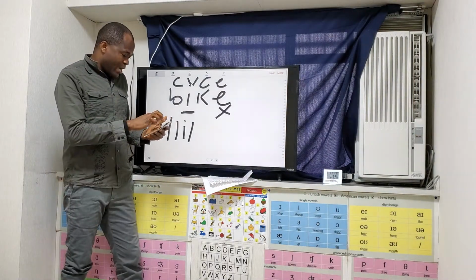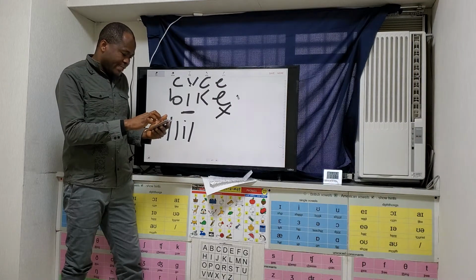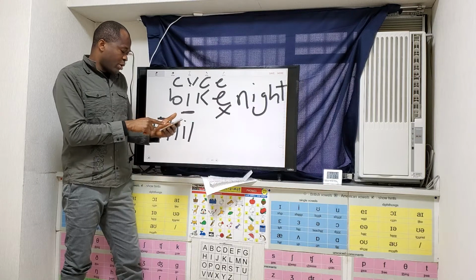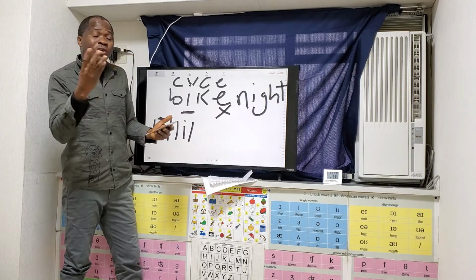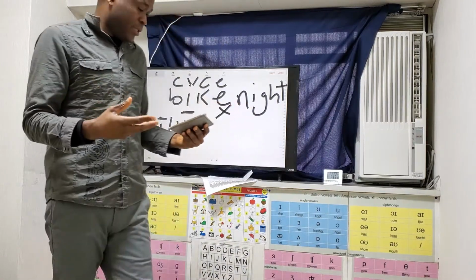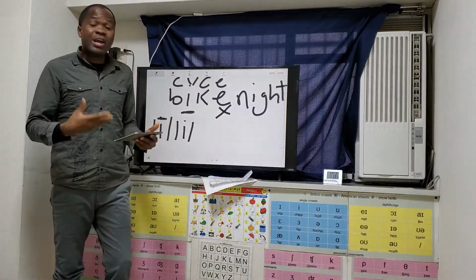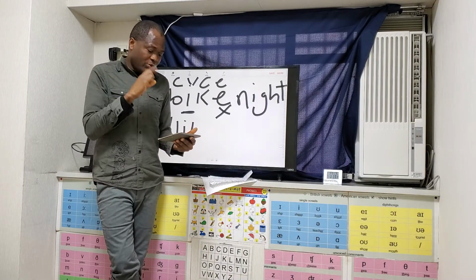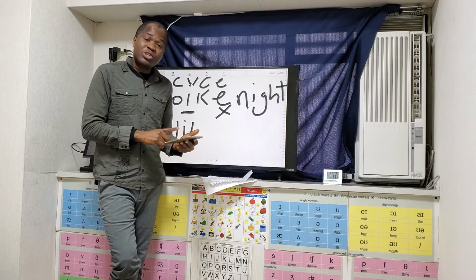But if I have a word like night, so we call this one 1 unit. So we said that a grapheme can be made up of 1 unit to 4 units. Let's look at this. So this is a 1 unit grapheme.